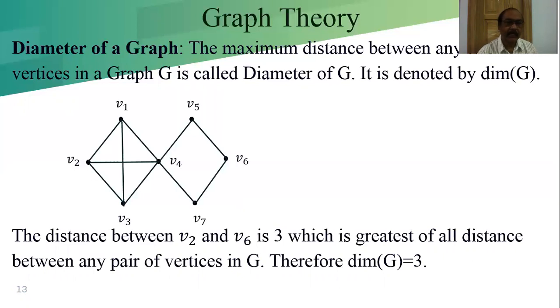That's why 3 is the diameter of this graph, because V3 V6 is distance 3, V1 V6 is distance 3, and V2 V6 is distance 3. Other combinations give 1 and 2. That's why 3 is the diameter of the graph, and it is denoted by diam G equal to 3.